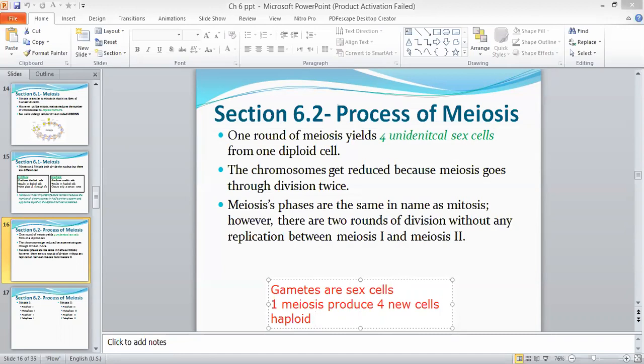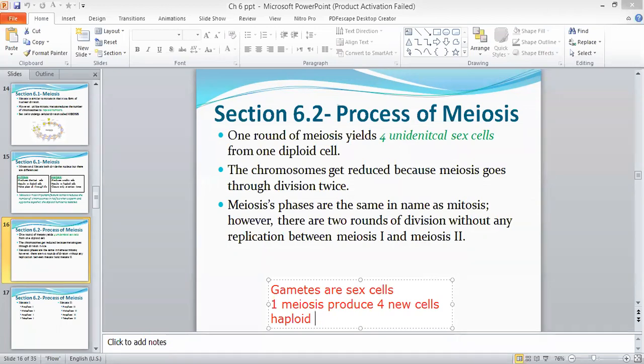The phases of meiosis are similar to phases of mitosis, which means 4 phases: prophase, metaphase, anaphase, telophase. But the meiosis division occurs through 2 cycles or 2 groups of phases. So it has a first stage and second stage, or we can say the first meiosis division and second meiosis division. To be accurate, the second meiosis division is similar to mitosis.